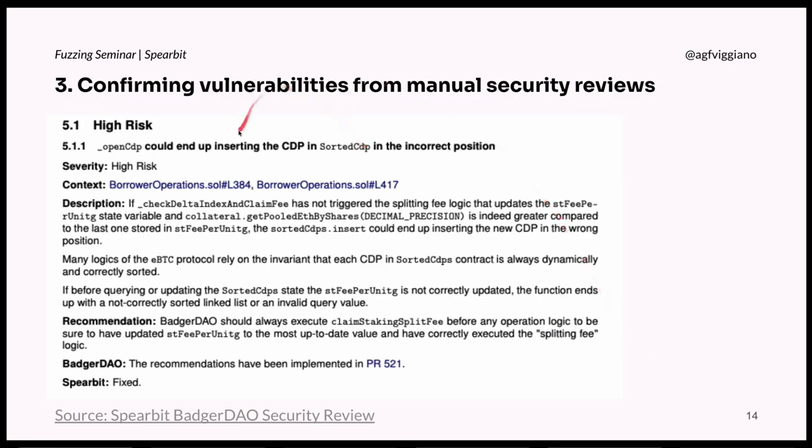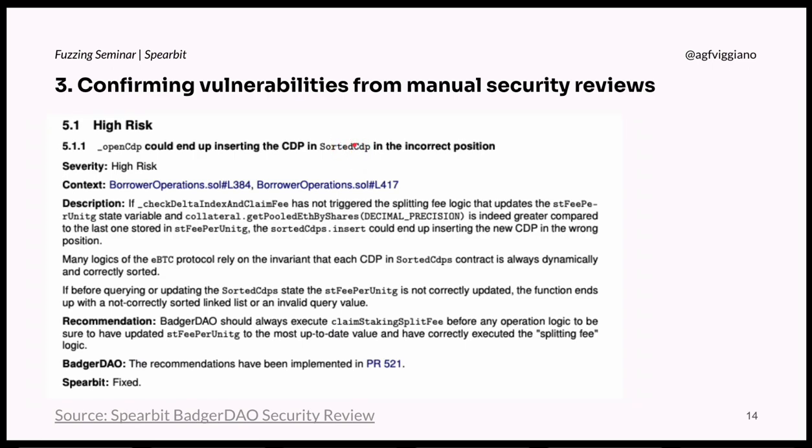So this was an interesting one where this was flagged by a Spearbit audit. It's a high risk vulnerability where the CDP could be inserted in an incorrect position of this sorted list. There's a data structure inside one of the components where they maintain a linked list of sorted CDPs.